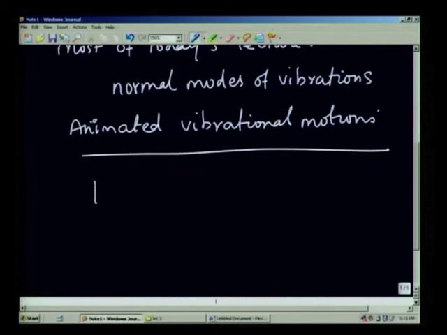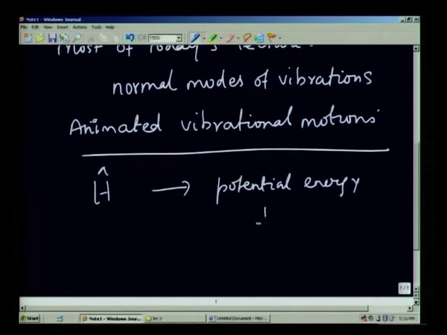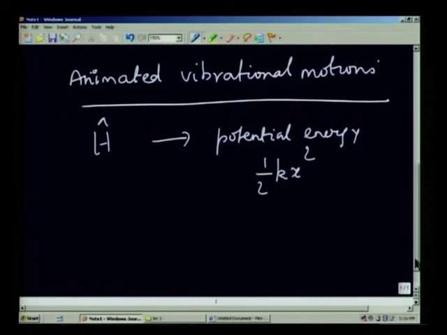When this model is not really applicable, we also looked at the alternatives by allowing in our theory the consideration of anharmonic motion. Recall the harmonic motion had half k x squared as the potential energy in the Hamiltonian, where k is the force constant of the diatomic molecule.